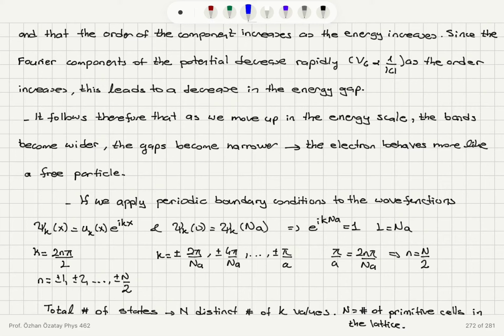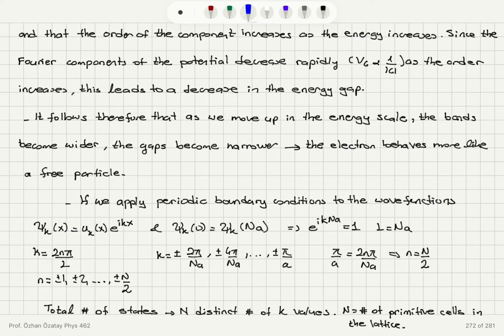So we obtain k values 2 pi over Na, 4 pi over Na, plus or minus, all the way up to plus or minus pi over a at the first Brillouin zone boundary. So how many values do we get? When pi over a is equal to 2n pi over Na, you see that n is equal to N over 2. For plus and minus values, we have n equals plus or minus 1, plus or minus 2, all the way up to plus or minus N over 2. So this tells us that we have capital N distinct states for the electron. So it can have capital N distinct values of k.